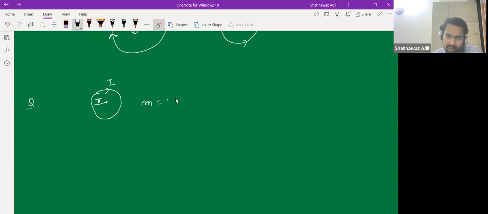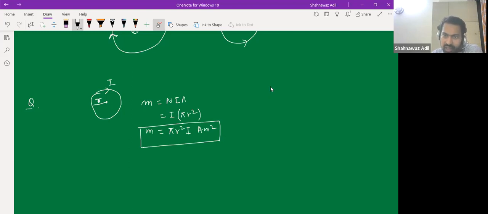This is N I A. N is 1, I is I. What is the area of the circle? Pi r square. So this is pi r square I, and the unit is ampere meter square. So this is the magnetic moment.